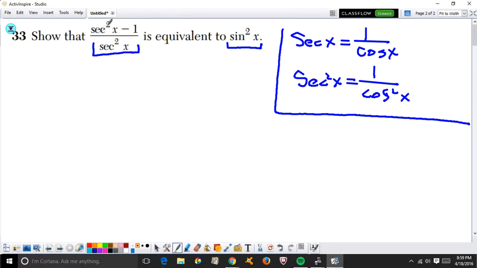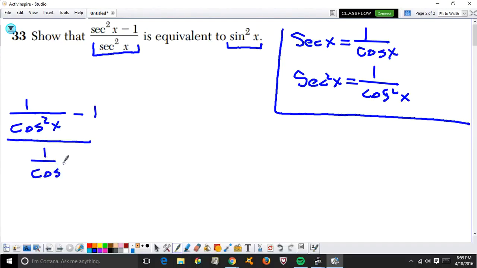Now that we remember these identities, let's start with the problem. Let's try to rewrite everything in terms of sine and cosine. We're going to choose the most complicated expression, modify it, and make it equal to sine square of x. So we have 1 over cosine square of x minus 1, divided by 1 over cosine square of x.